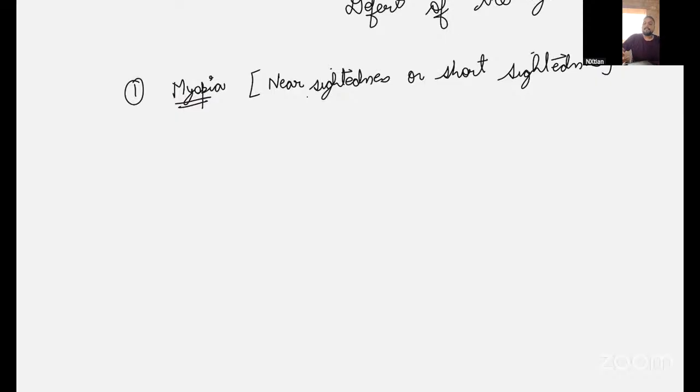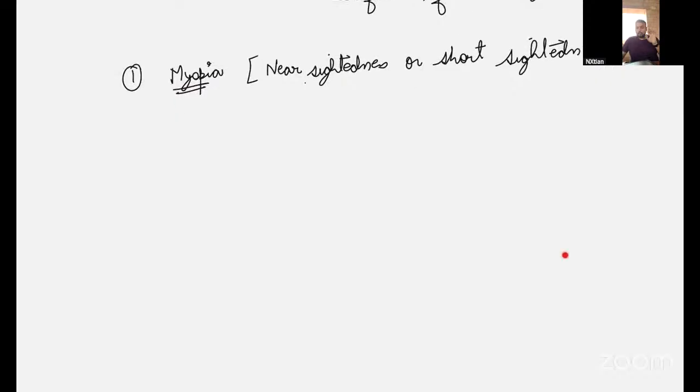Now, what does this mean? I would request you guys to listen to this. Nearsightedness means I can see near objects clearly, but far objects not clearly. Are you getting my point? Nearsightedness or myopia means I can see the near object clearly, but far objects I cannot see clearly.